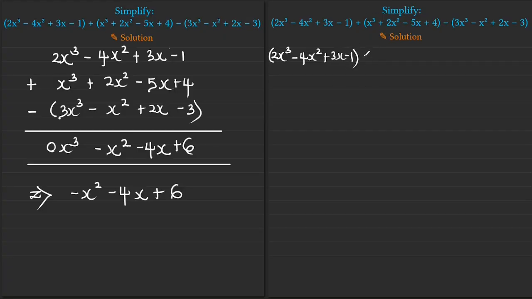Then in the next bracket, we have plus x cubed plus 2x squared minus 5x plus 4. And for the last one, we have negative into bracket 3x cubed minus x squared plus 2x minus 3.